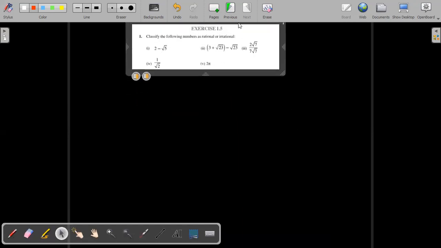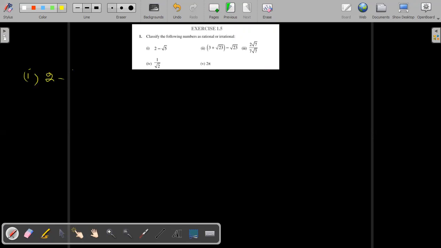So in exercise 1.5, the question is, classify the following as rational or irrational number. But you should solve them and then check. Do not write directly that it is sum and product. We have seen the properties, but you should check. 2 minus root 5 is further not solvable, but you know that the difference of irrational and rational is irrational.